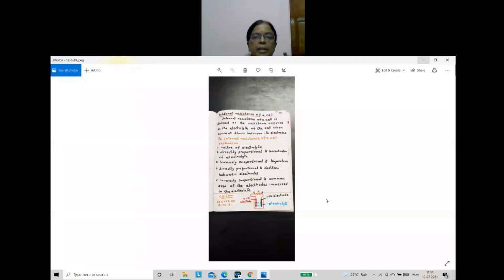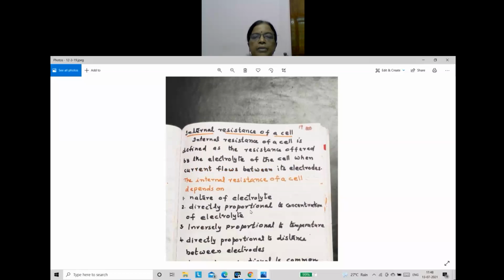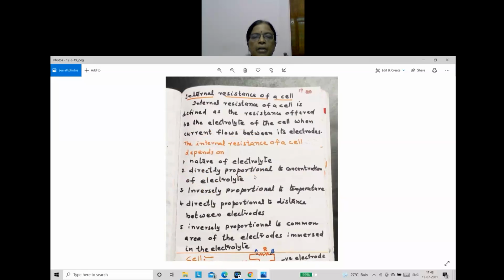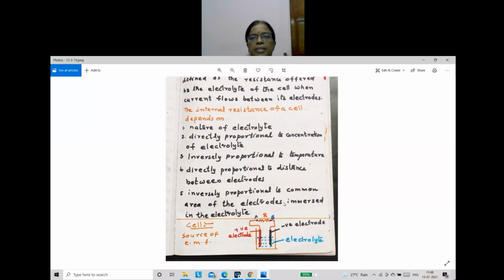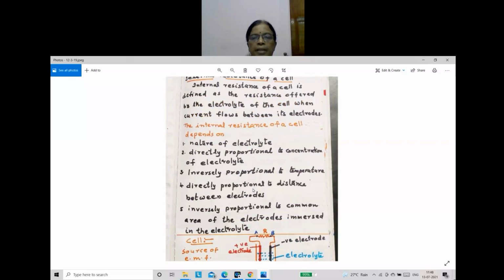You can see it is explained here. Internal resistance of a cell depends upon the nature of the electrolyte, directly proportional to concentration, inversely proportional to temperature, directly proportional to distance between the electrodes, inversely proportional to common area of the electrodes immersed in it.